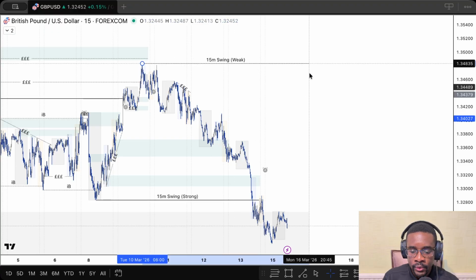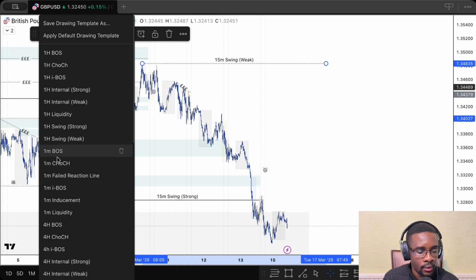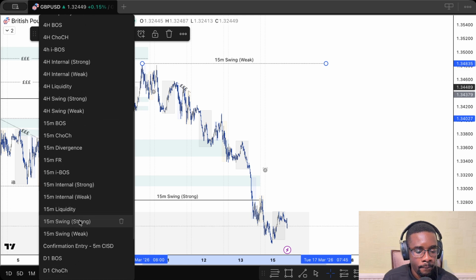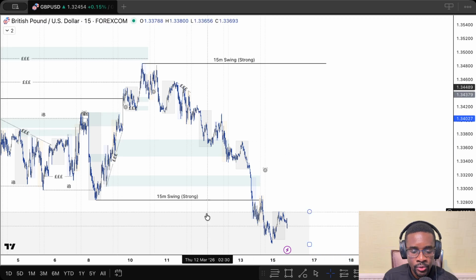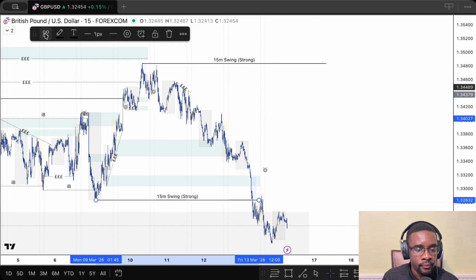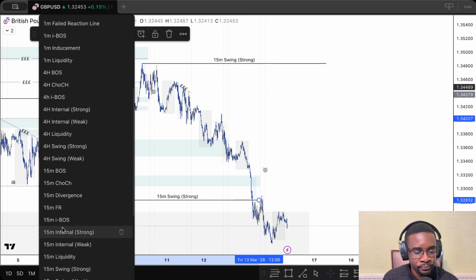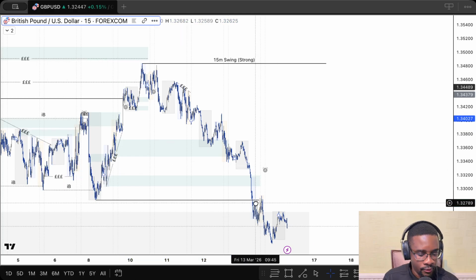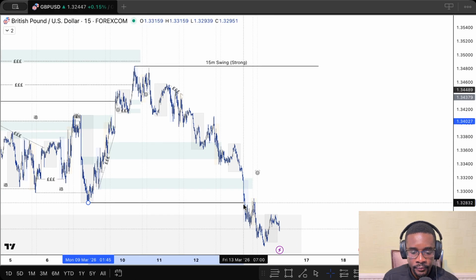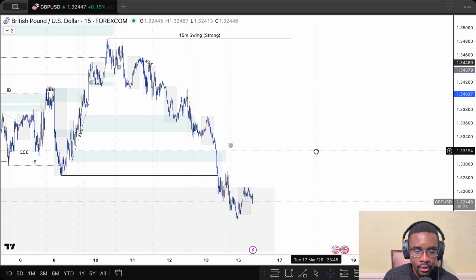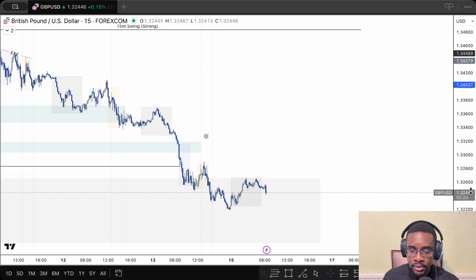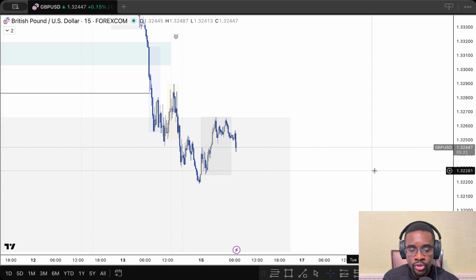So this swing weak has become a swing strong. 15M strong swing high, and then right there, 15-minute POS, and then my current internal range.